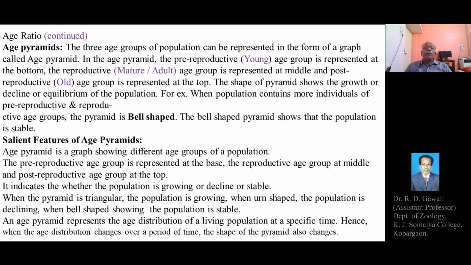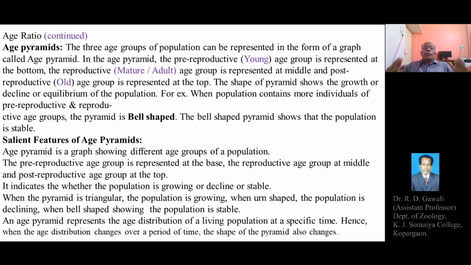In the age pyramid, the pre-reproductive or young age group is represented at the bottom, the reproductive or mature or adult age group in the middle, and the post-reproductive or old age group at the top.